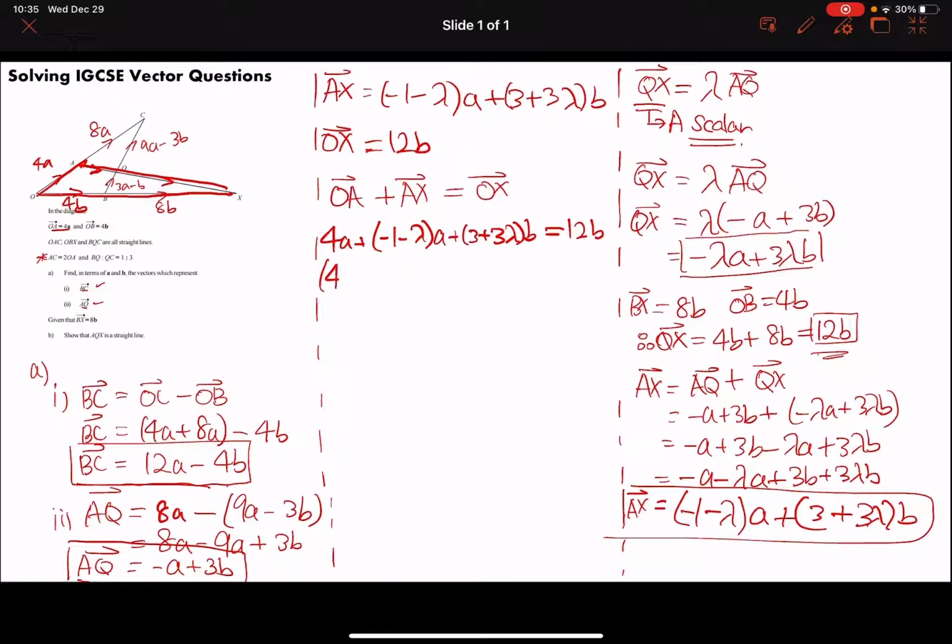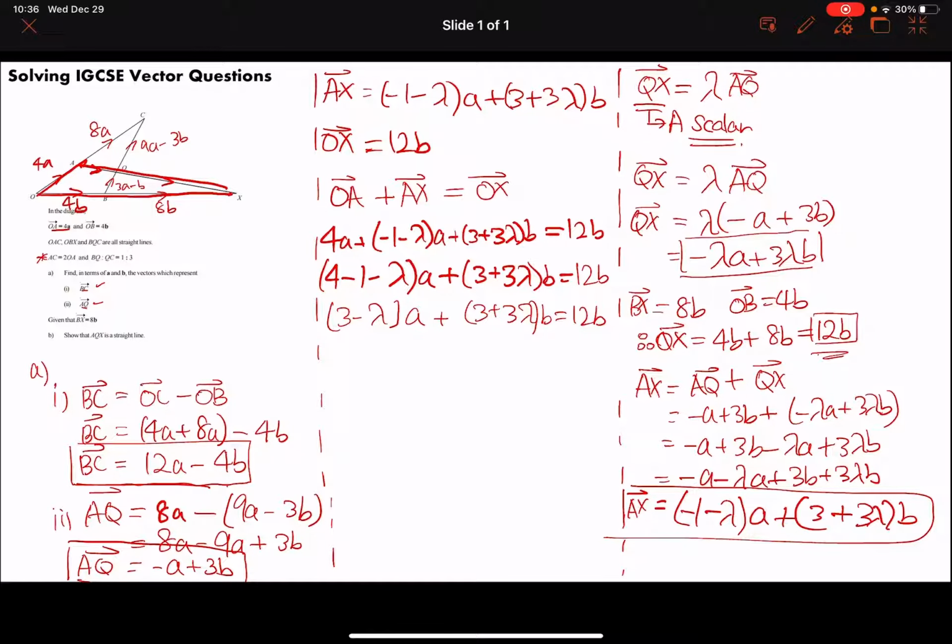So we get 4 minus 1 minus this A plus 3 this B equals 12B. So you get 3 minus this A plus 3 this B equals 12B.